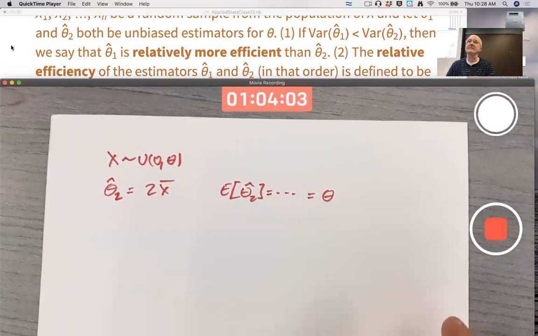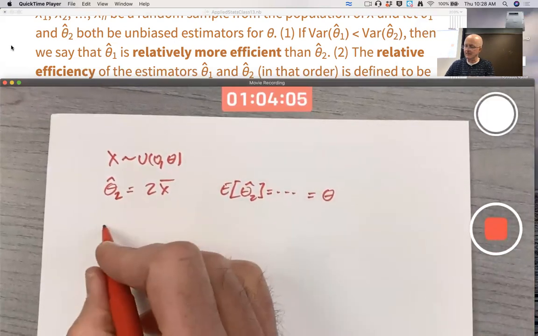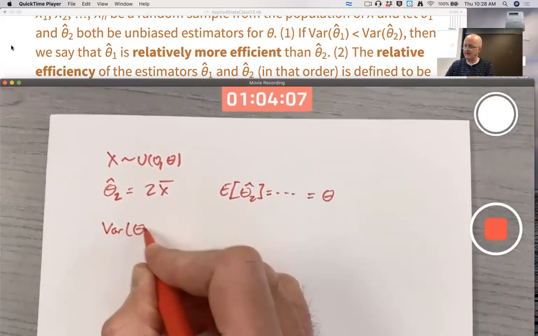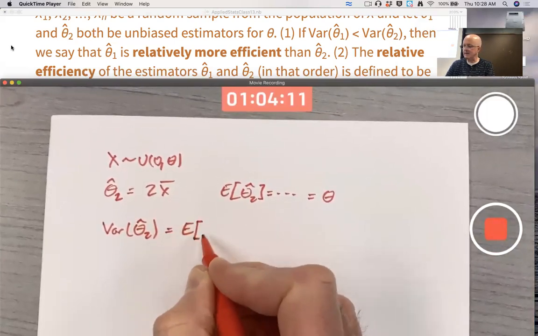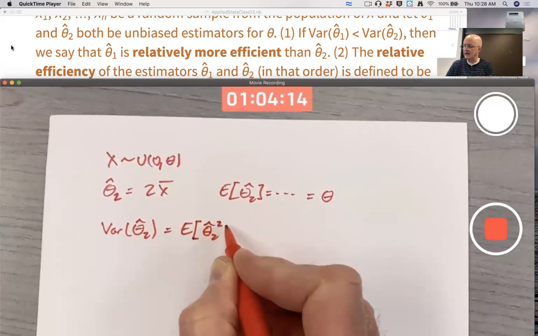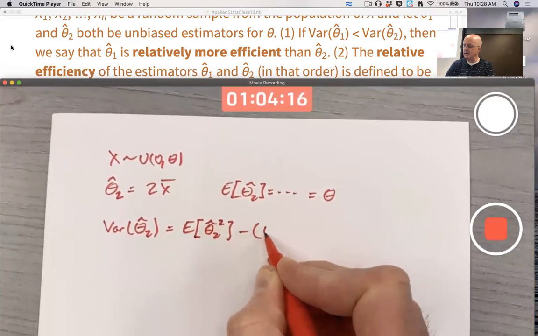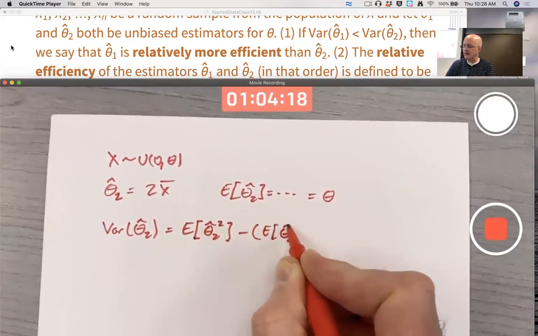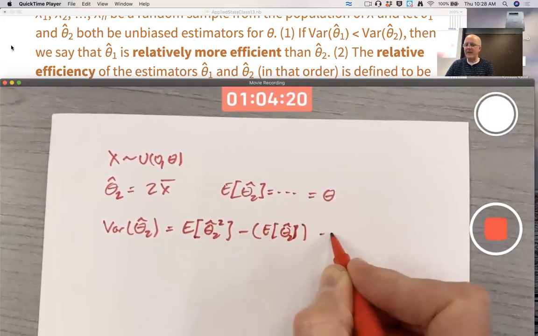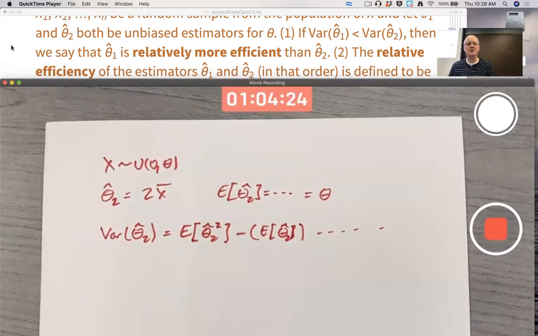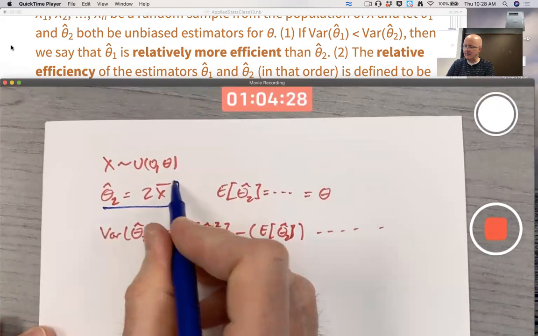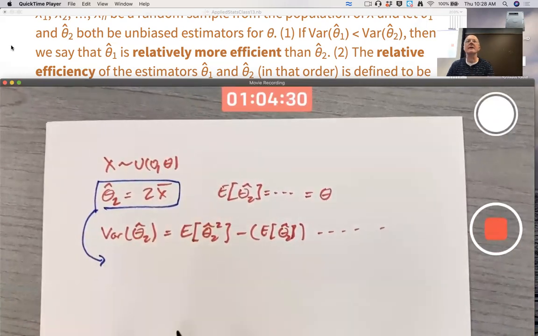What's the variance of theta 2 hat? As always, it would be the second moment minus the square of the first moment. And I could try it that way, but I think it's probably easier to use the fact that theta 2 hat is 2 times x bar, and then use the fact that I know the variance of x bar.